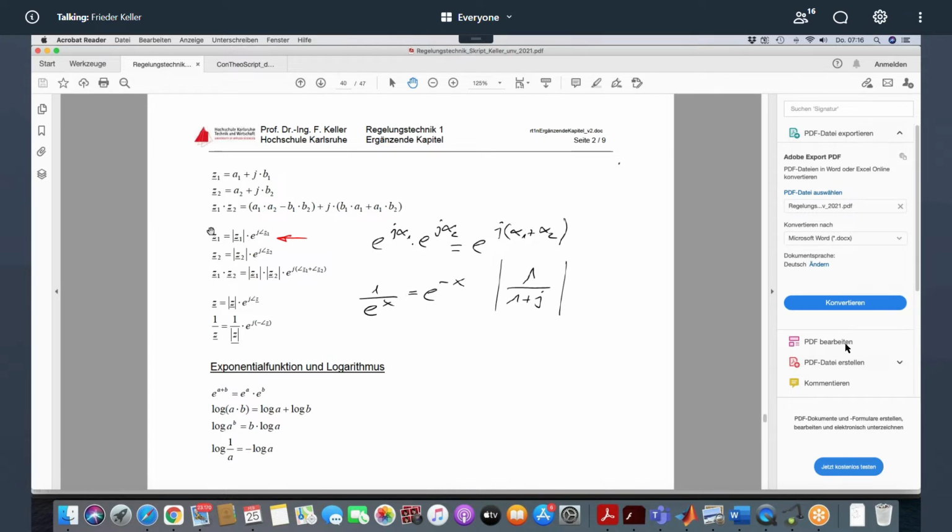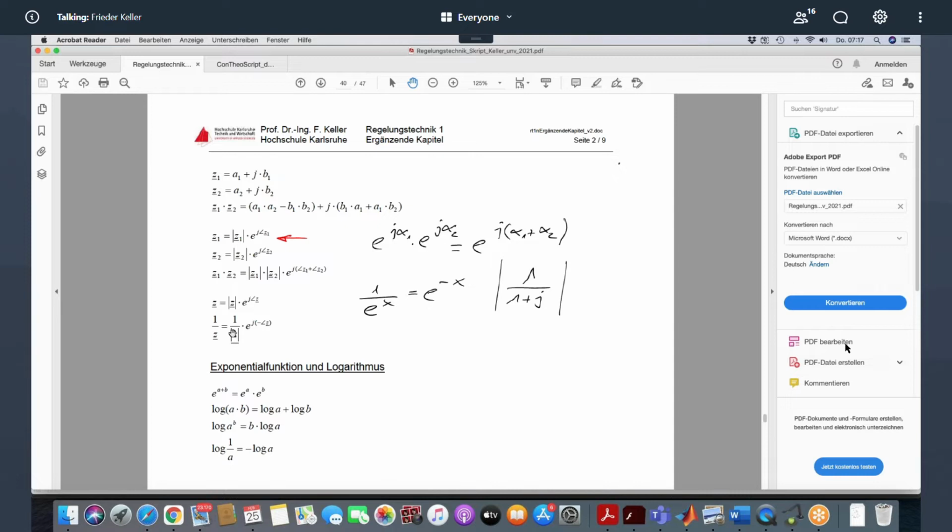I want you to keep something in mind when we have a complex number and we take the inverse. Then you see the following: the absolute value is obtained by taking the reciprocal of the absolute value.